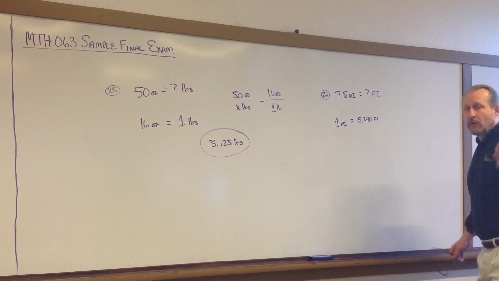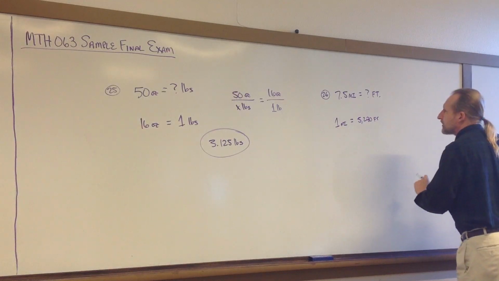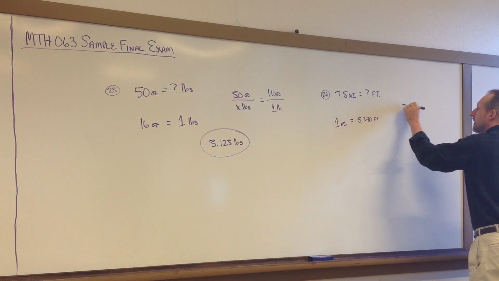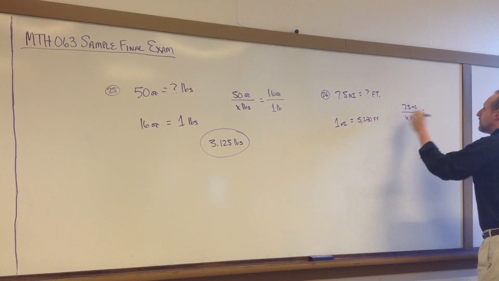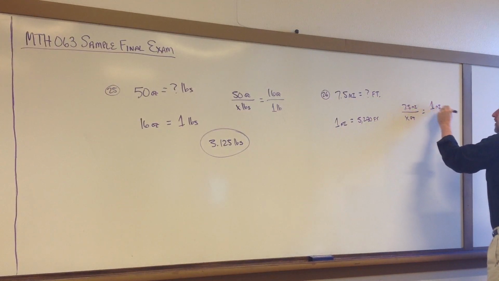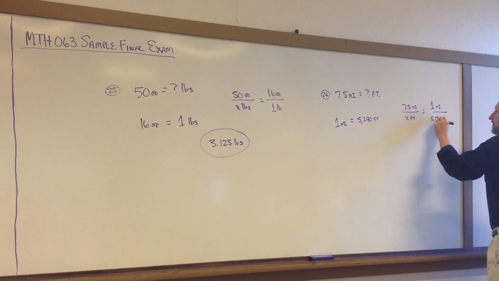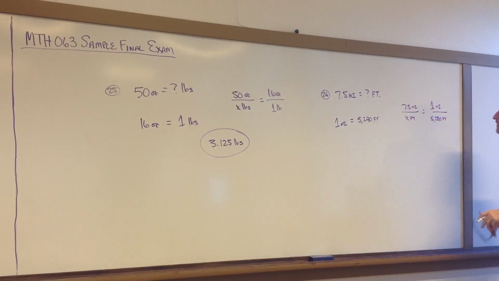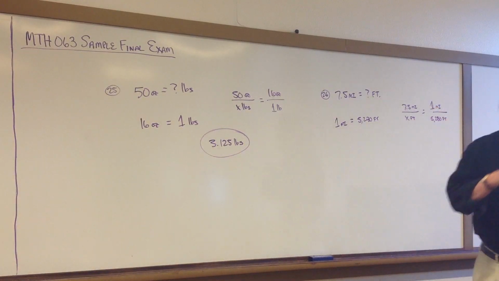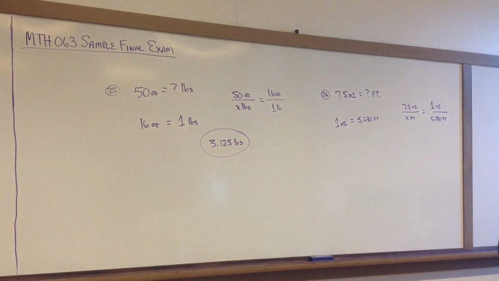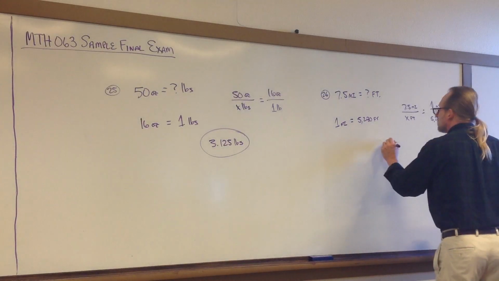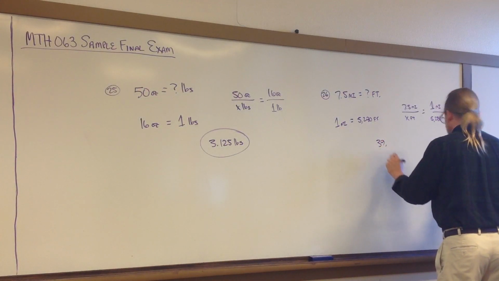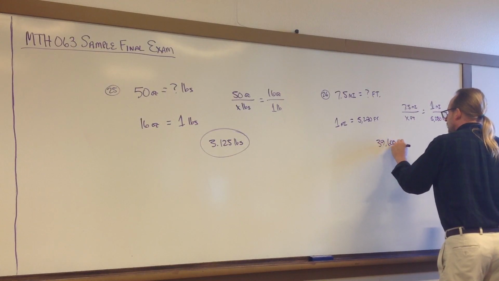In this case we would multiply. But again, if you're not sure, go ahead and set it up. 7.5 miles, x feet. Put the miles on the top, and then put the feet on the bottom. So 7.5 times 5,280, and then divided by 1. 39,600 feet.